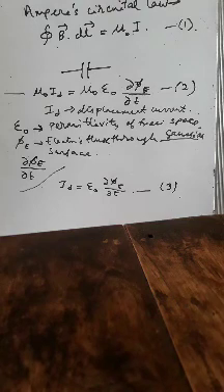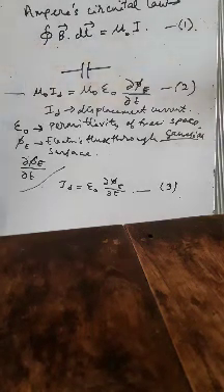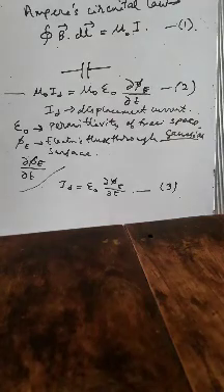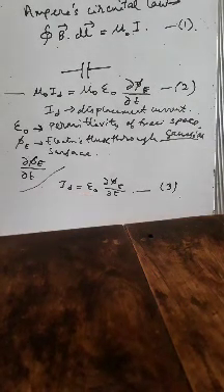Alright, so just correlate between the two cases. What was happening when we were following Ampere's circuital law while your capacitor was charging, and right now when we are bringing in this expression I_D, what is happening? Now you can see that there is no interruption in current flow at all.